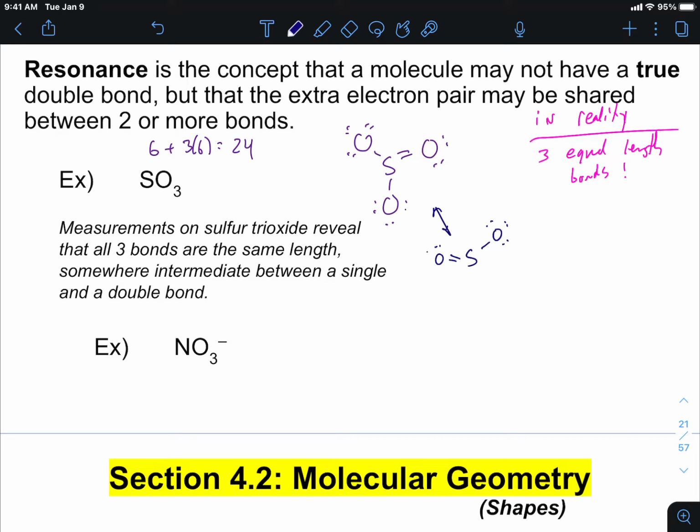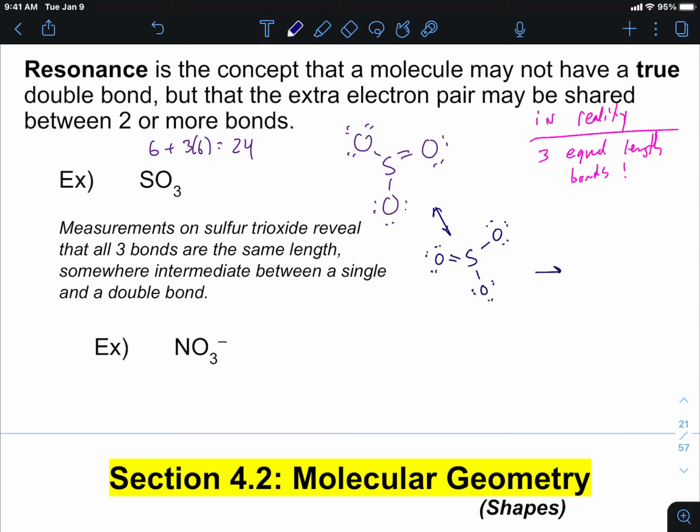So I'm going to draw this molecule 2 more times. So do you see the difference between the first molecule and the second molecule? Effectively, it's the same, but what's different? The double bond is now in a different place, okay?